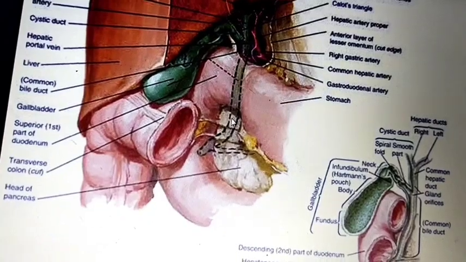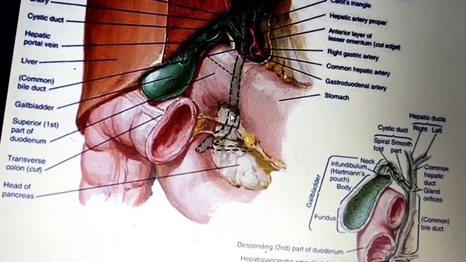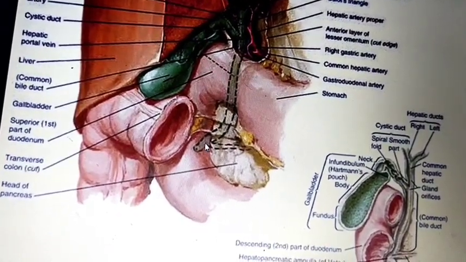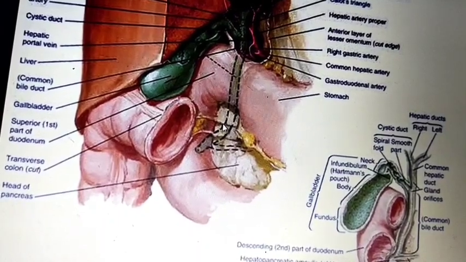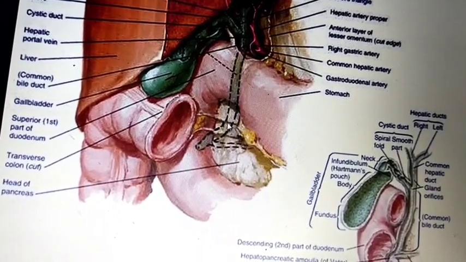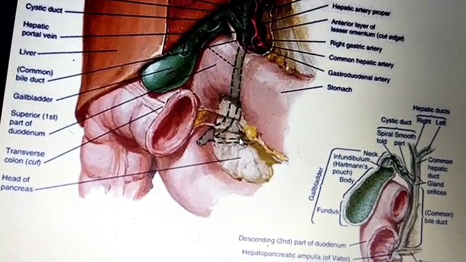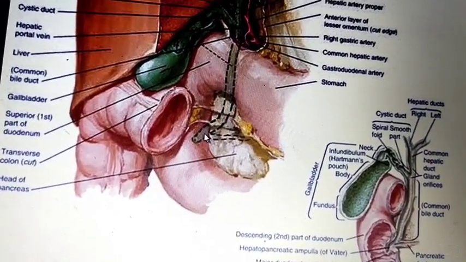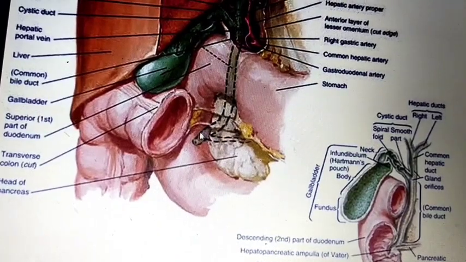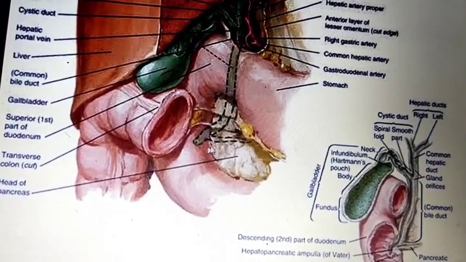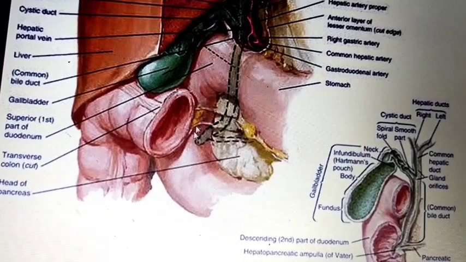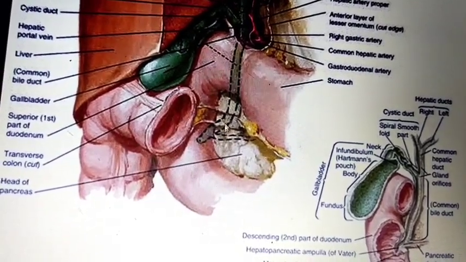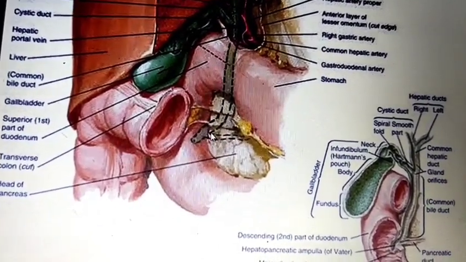In that, first is the pancreatic segment. Pancreatic segment means it lies in a groove behind the head of the pancreas, and here the pancreatic duct and bile duct join together and form a dilated part, which is called the ampulla. Ampulla means dilated part. Ampulla of Vater, or hepatopancreatic ampulla.